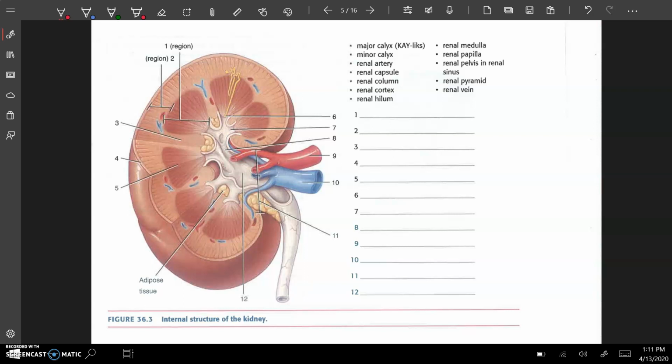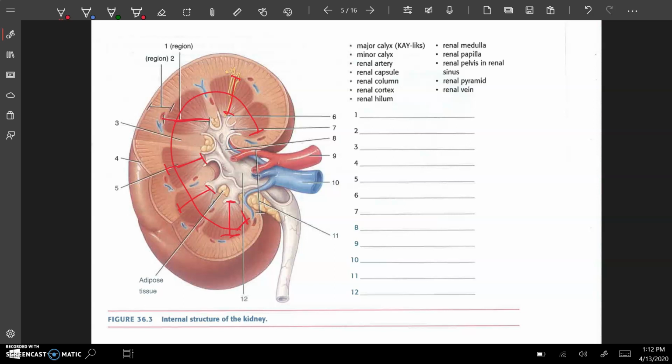If we look at this region, essentially the dark in the middle, it goes from here all the way to here with all these structures.